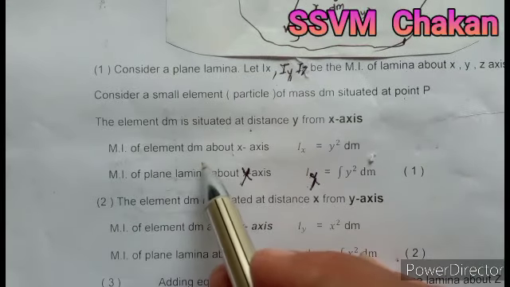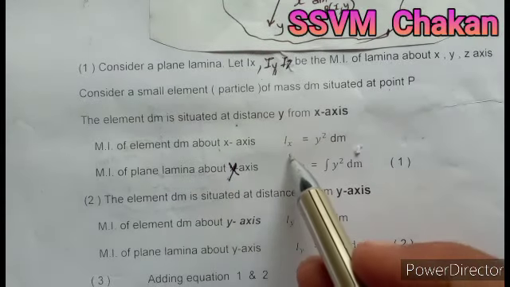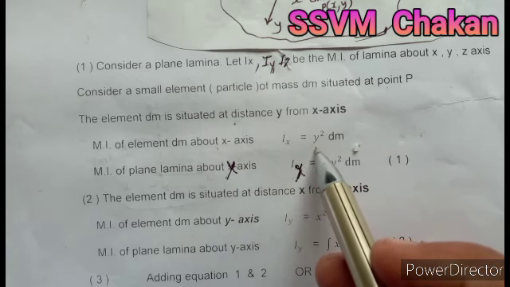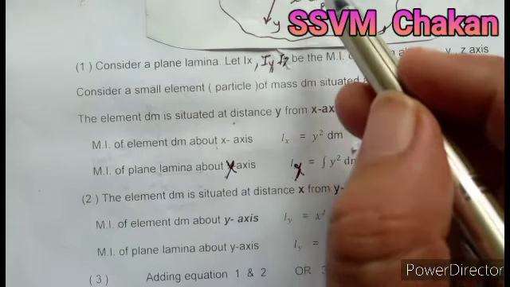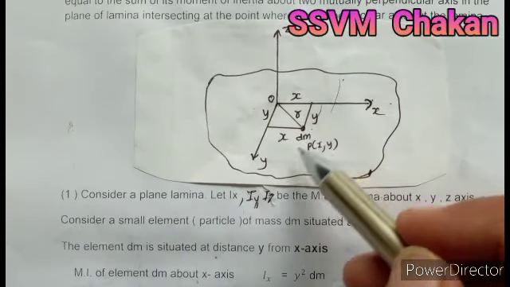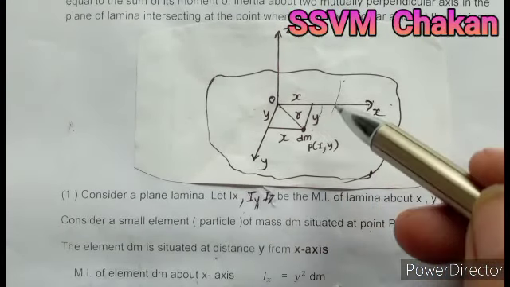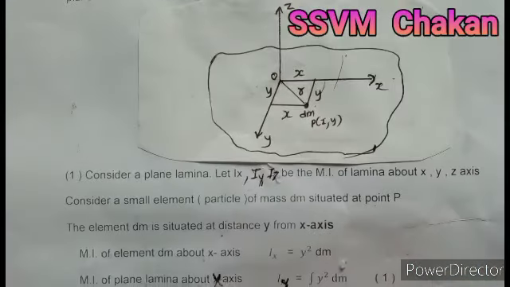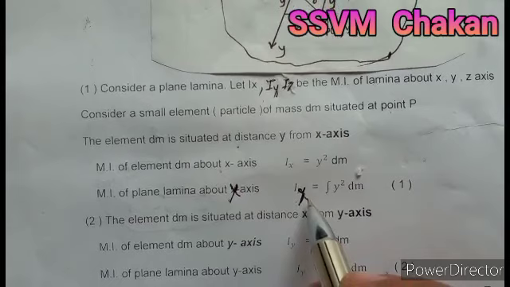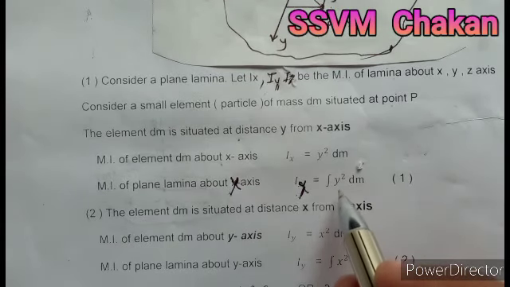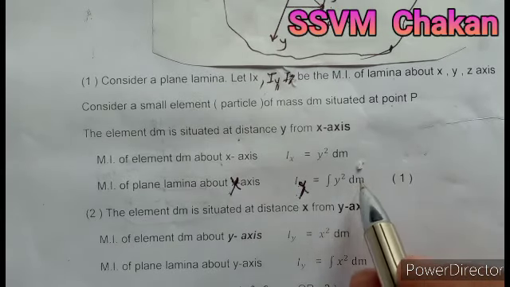Moment of inertia of element dm about the x-axis is y square dm. But we are not rotating this single element dm along the x-axis, we are rotating the whole body. So the moment of inertia of the plane lamina about the x-axis, Ix, is equal to integration of y square dm.